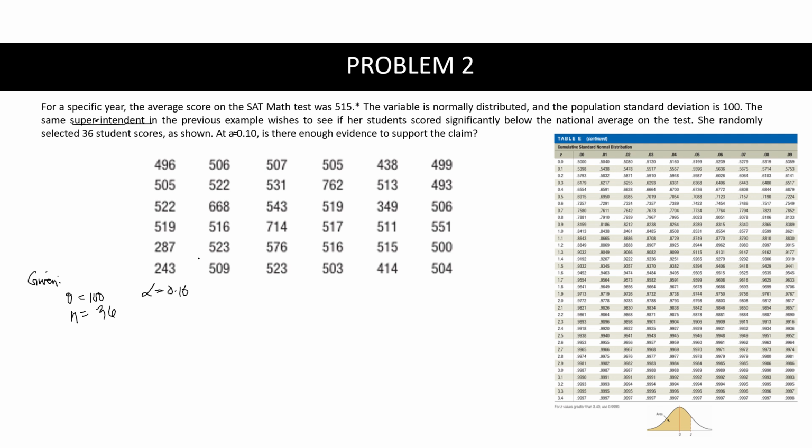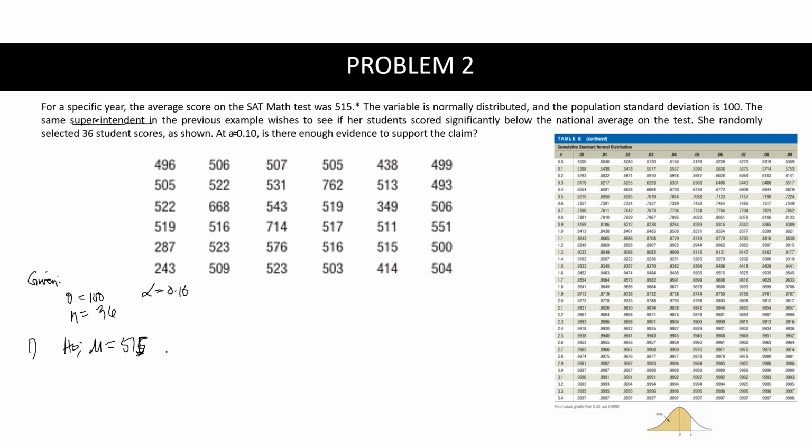So, what is our claim now here? The first step is we need to identify the hypothesis and identify the claim. So our H0 here is mu is equal to 515, there's no difference in the average of the math test.